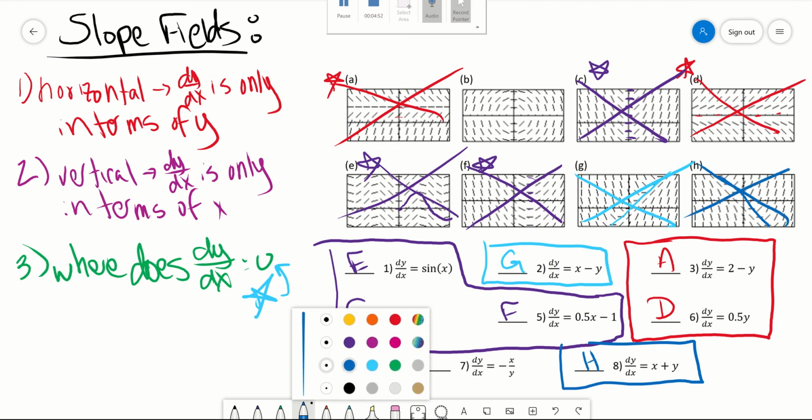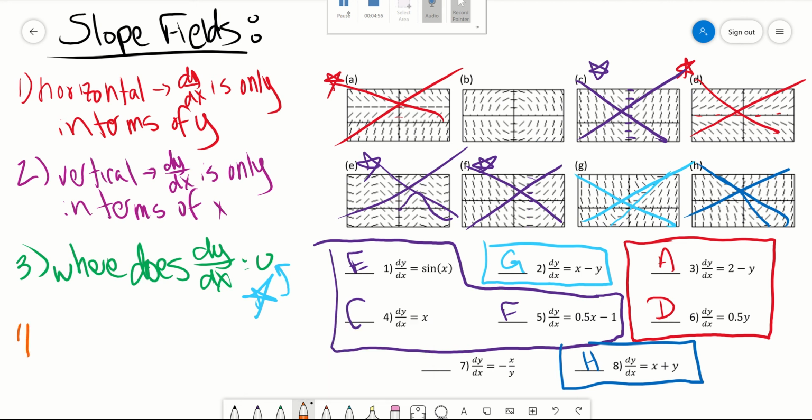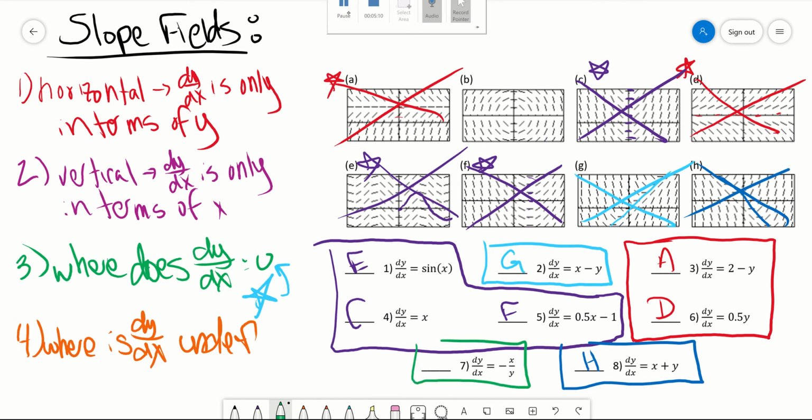One other thing you want to consider sometimes is not only where is dy dx equal to 0, but where is dy dx undefined. And we can talk about both of these things with this last one. For 7, dy dx is going to equal 0 when x is equal to 0.